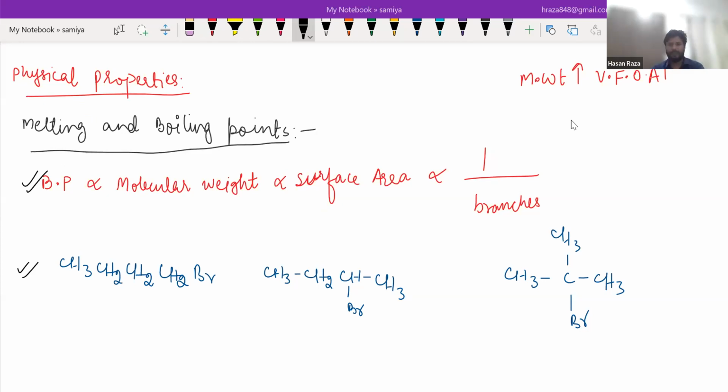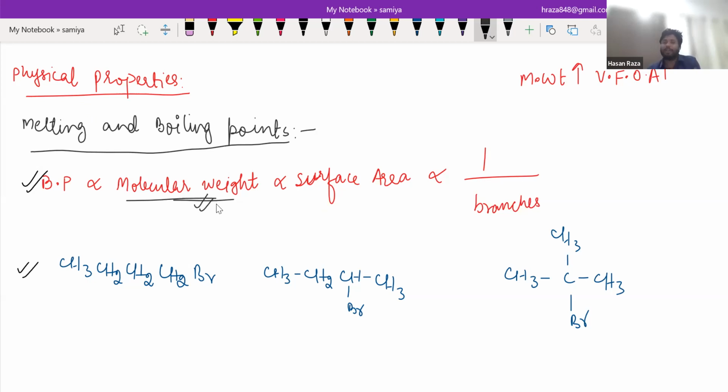So first of all, you are going to decide which one will have higher molecular weight. If you see, all have the same molecular formula. If molecular formulas are the same, that means they have the same molecular weight, so they are isomers of each other. So we are not gonna decide on the basis of molecular weight.